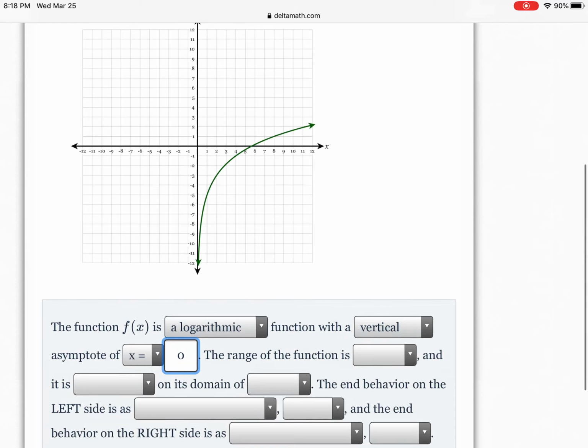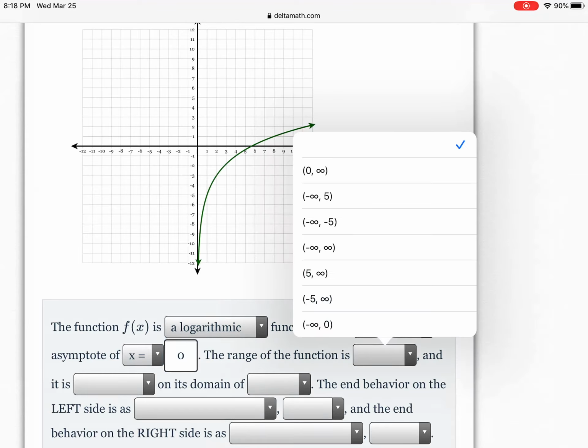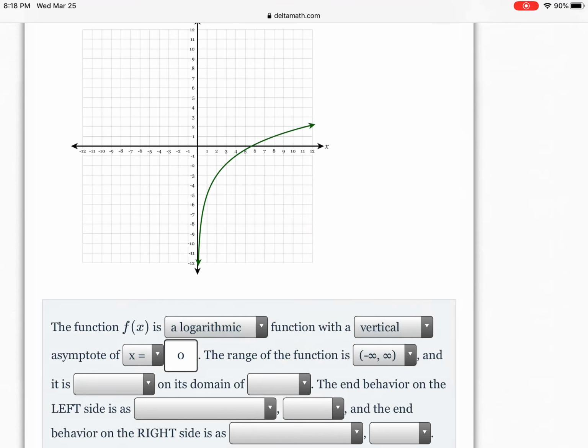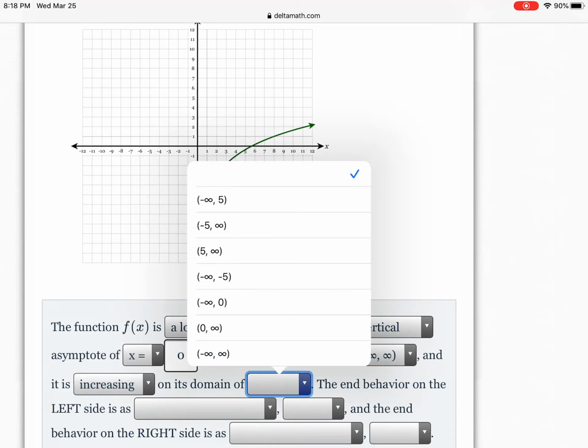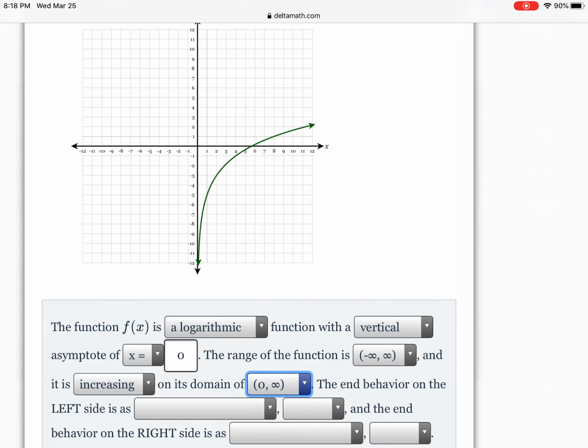The range of the function, this graph goes all the way down to negative infinity. It goes all the way up to infinity. It is increasing as I go from left to right. Its domain goes, the farthest left is 0, the farthest right is infinity. So on the left-hand side, the farthest left it goes is 0.